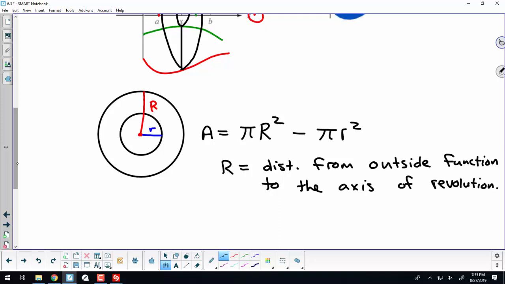Another way to think about that is, from your axis of revolution, which function is furthest away? That'll give you your outer radius, or your capital R.